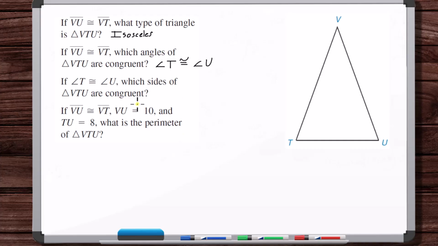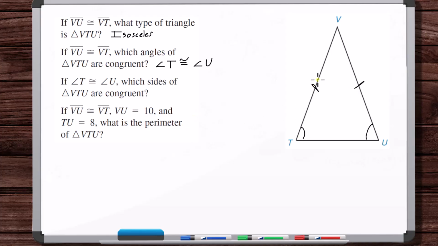All right, if angle T is congruent to angle U, which sides of triangle VTU are congruent? So we proved the theorem that we used to answer this question in both directions, and it's reversible. If we started with a triangle that we didn't know what it was, and we proved that these two angles were congruent, then it must be isosceles with the sides opposite those angles being congruent.